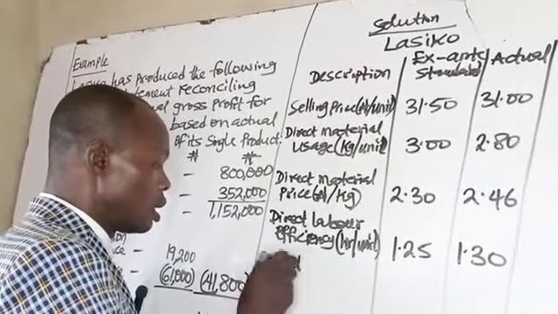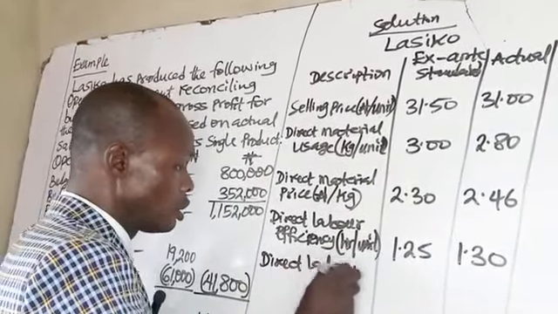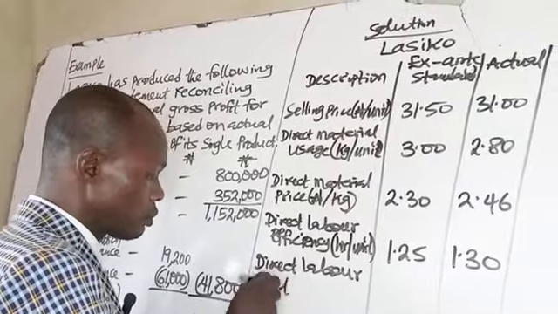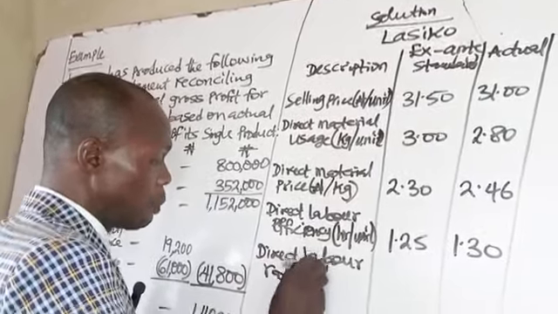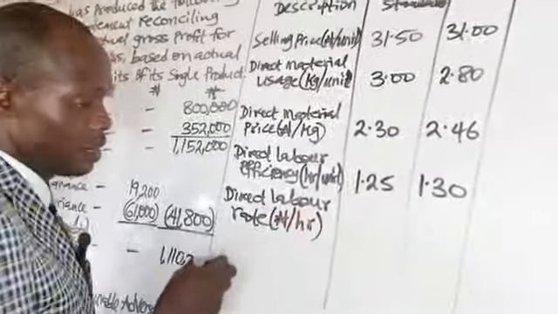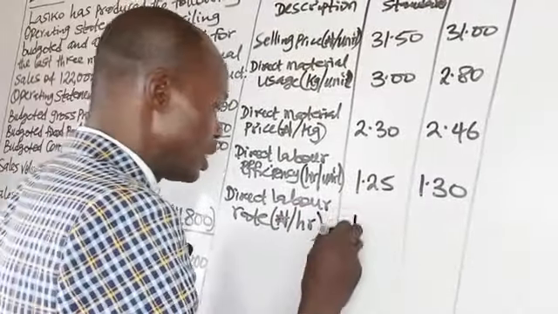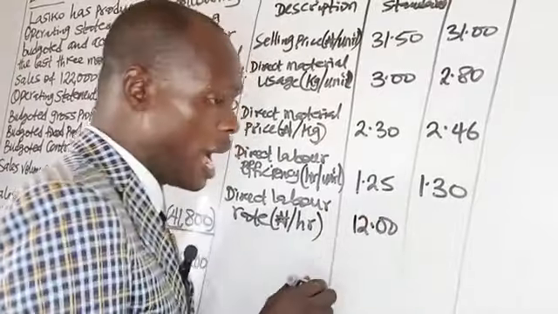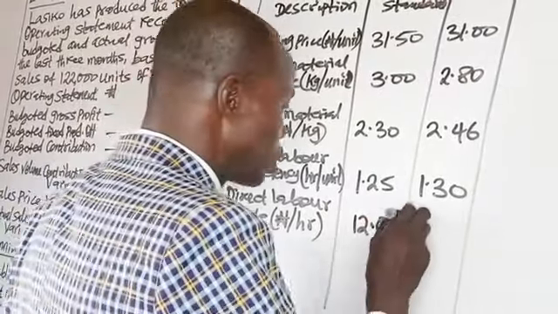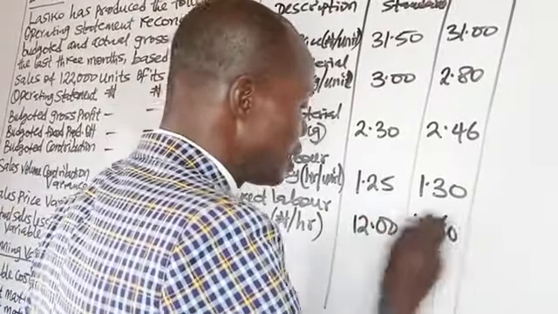Direct labor rate, which is naira per hour. The S and T is 12, while actual is 12.60.